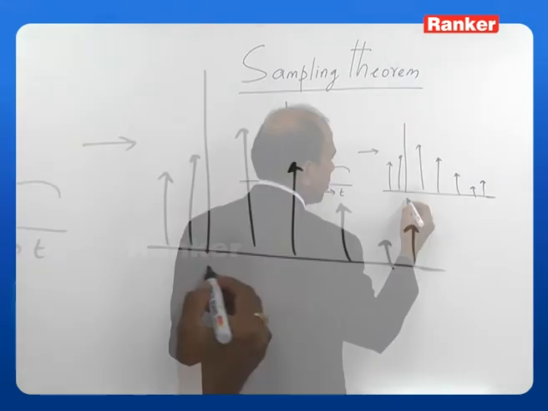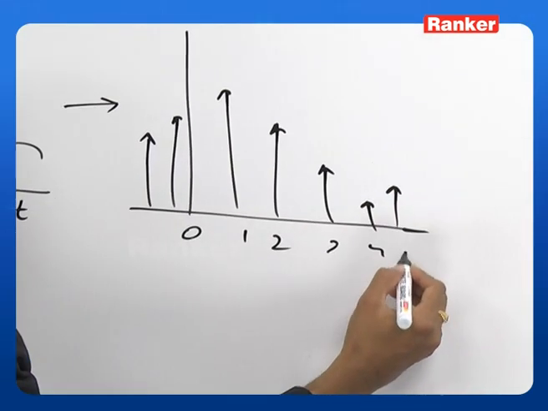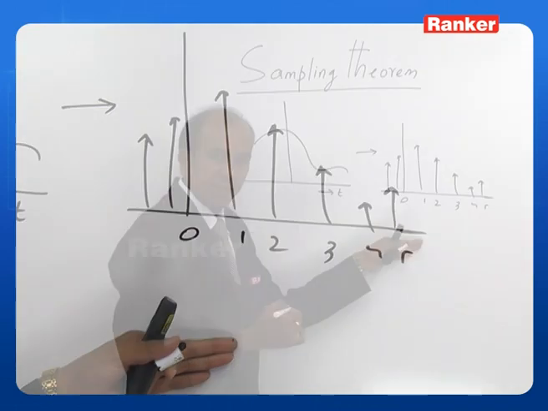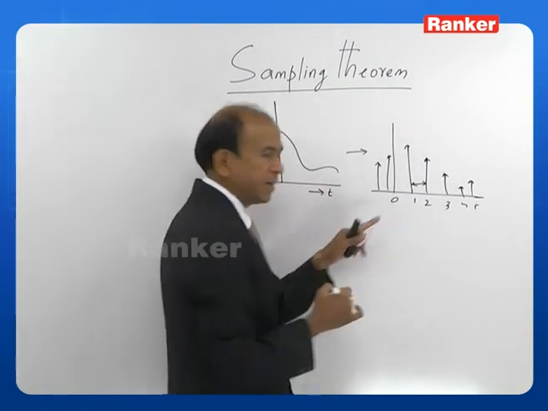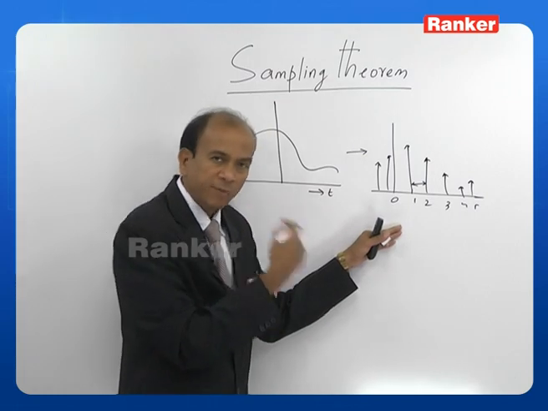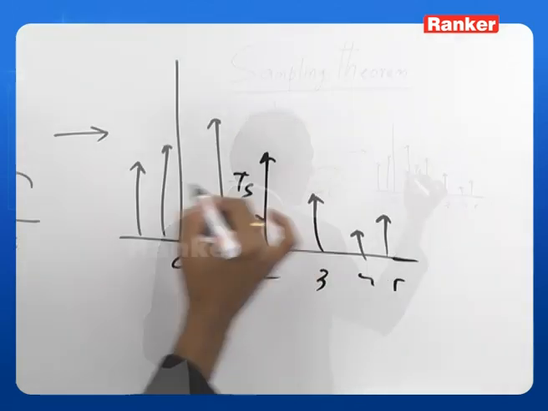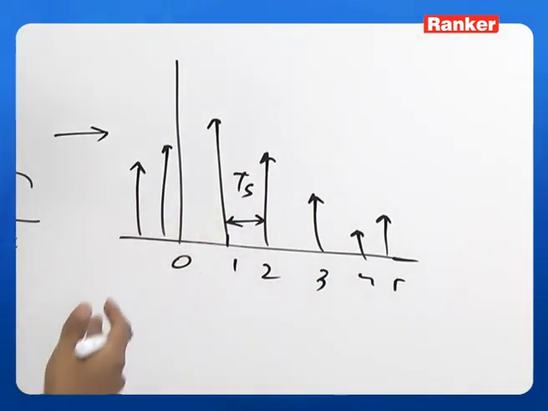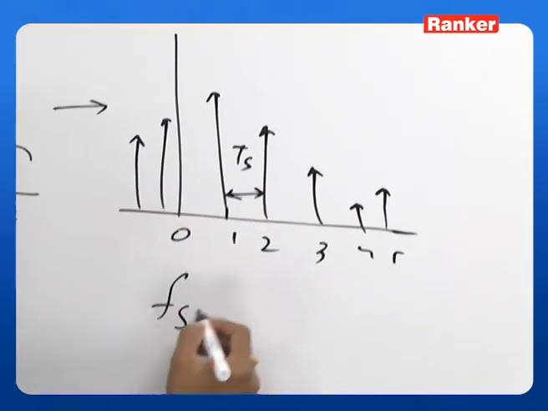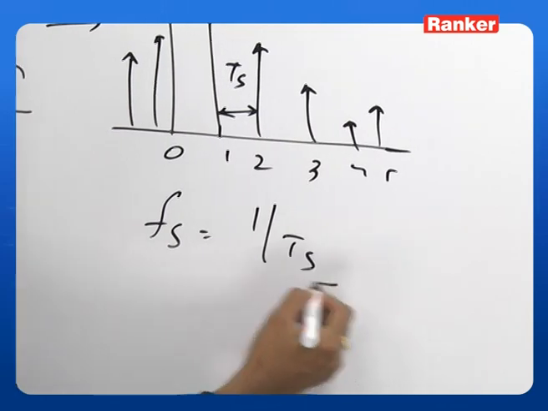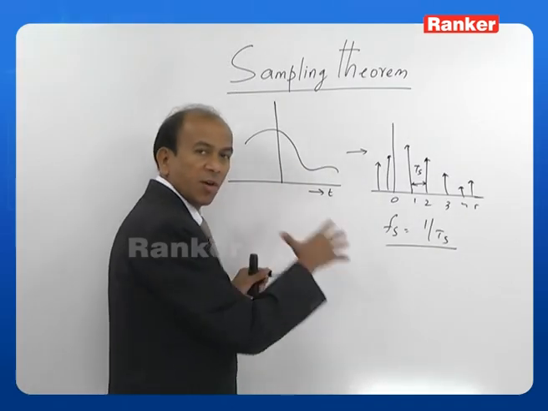Let us say this is 0, this is 1, 2, 3, 4, 5. So, this is a discrete time signal, and this is the sampling time, or we call it TS. This is the separation between the two samples. So, I can get the sampling frequency as 1 by TS. So, this is what is called sampling.